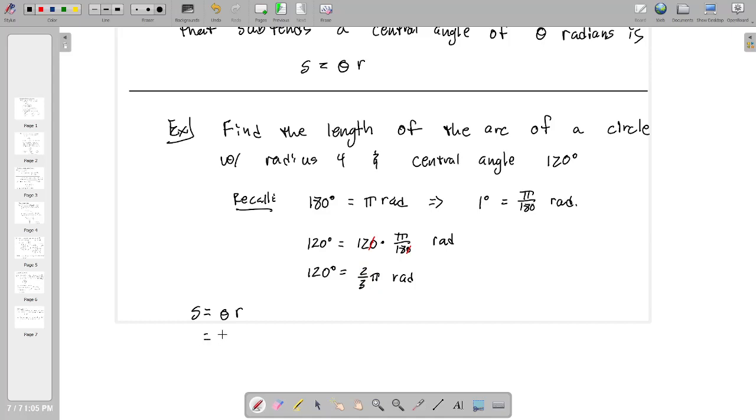So we end up with 2 pi over 3 times 4 is 8 pi over 3. Let me show you what this is. About 2 pi over 3. So here is the arc that we're actually trying to find, the length of the arc. We're trying to find this length here. We go from here to here, around a circle of radius 4, which means that this length is 4 units.